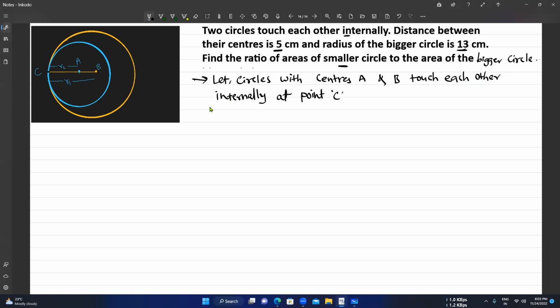Also, we have to consider that R1 is the radius of the bigger circle and R2 is the radius of the smaller circle.